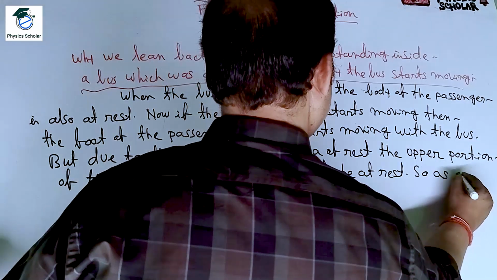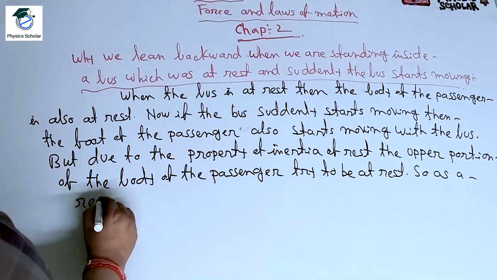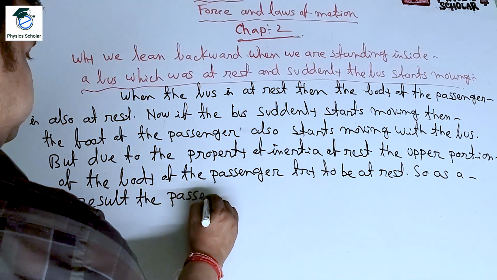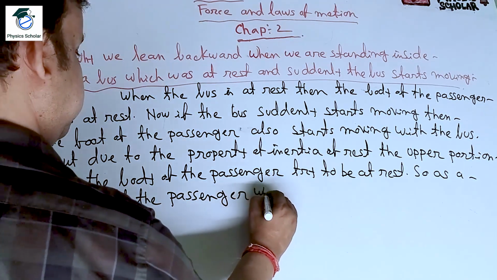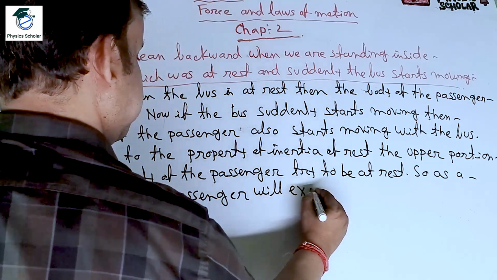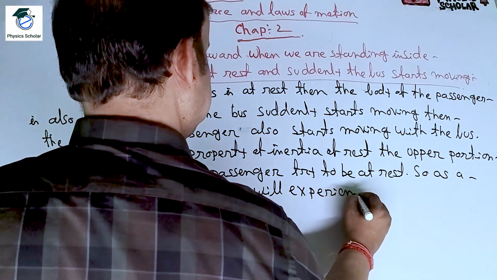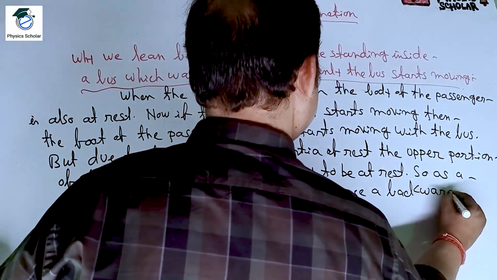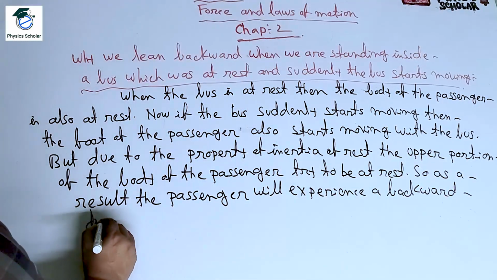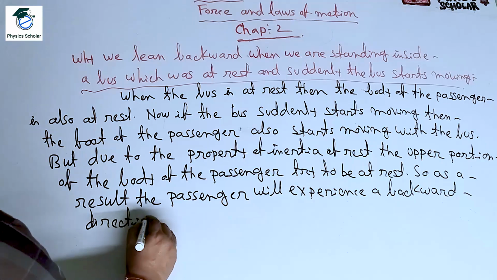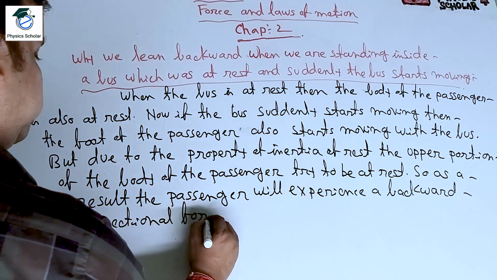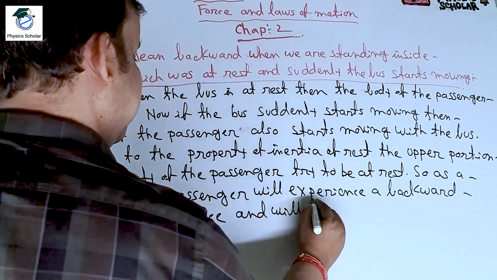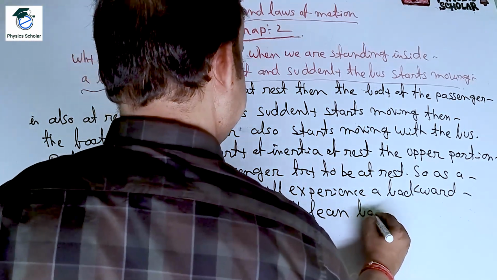So as a result, the passenger will experience a backward directional force and will lean backside.